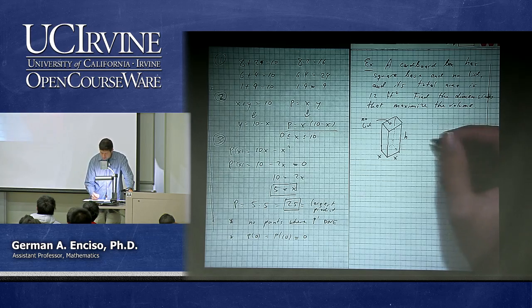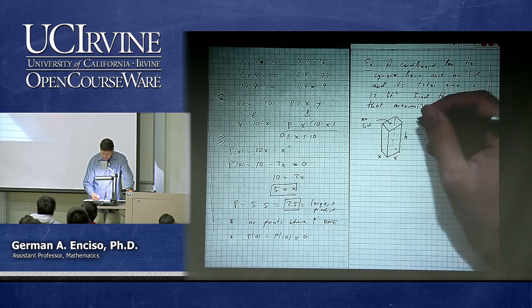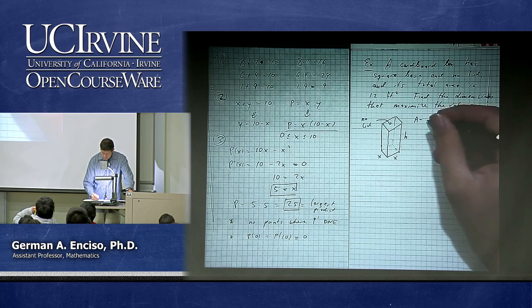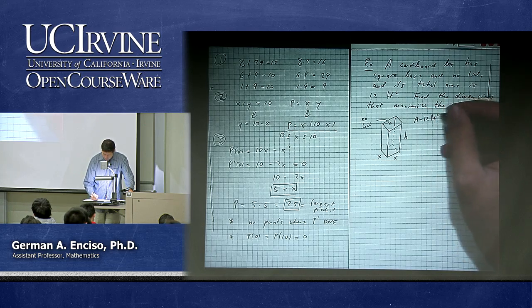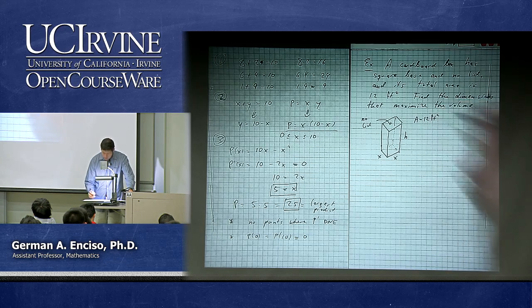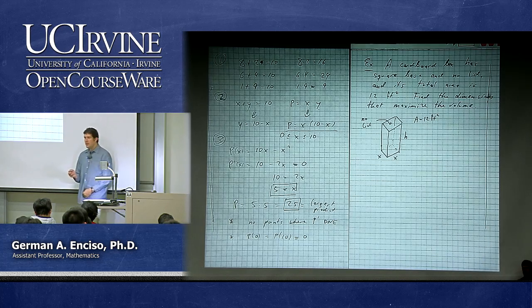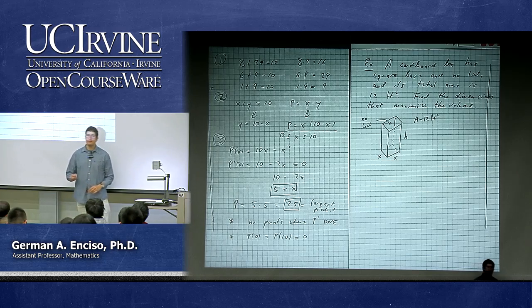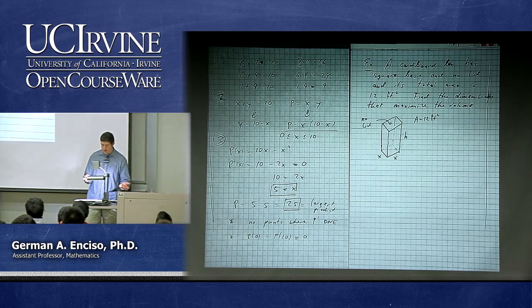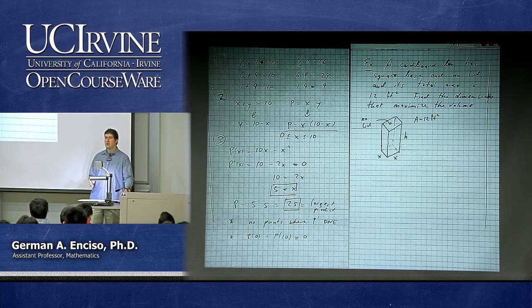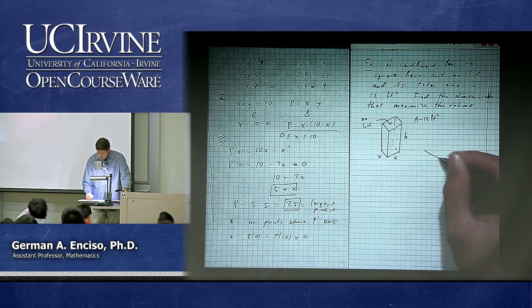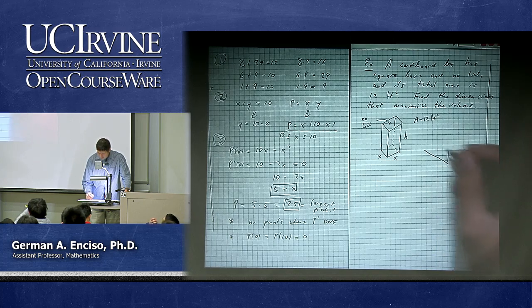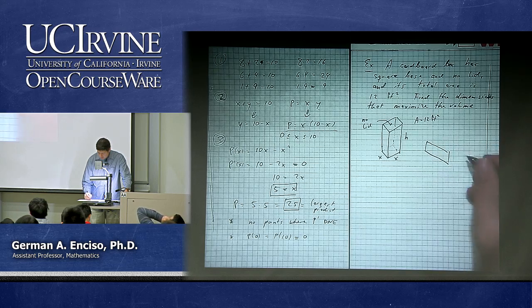Well, actually, let me say something else first. Let's suppose that the area of this thing is 12 foot squared. Okay? Is this really the only configuration I could have for a box with a square base and no lid that has this area? What other way could I have to do the same? Well, I could actually have a wide and narrow box like this.